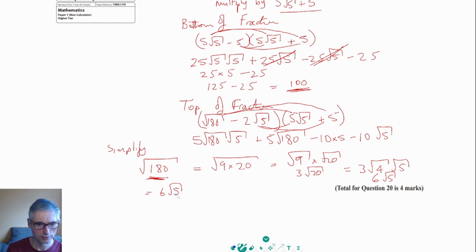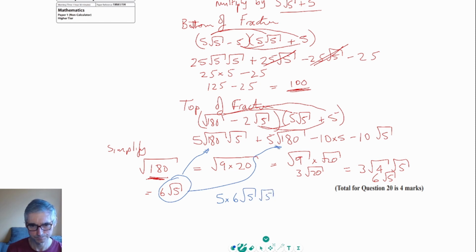So I'm going to replace the root 180 here and here by this simplified version of it, and rewrite it. So what I'll get is 5 times 6 root 5 times another root 5 for the first bit.